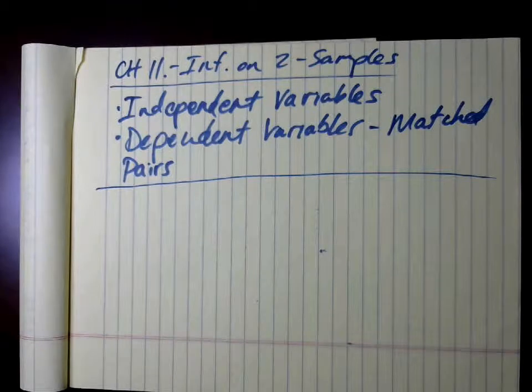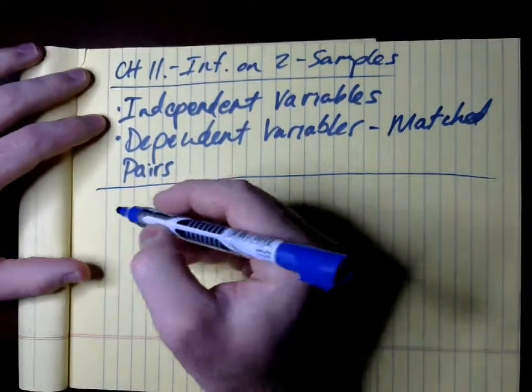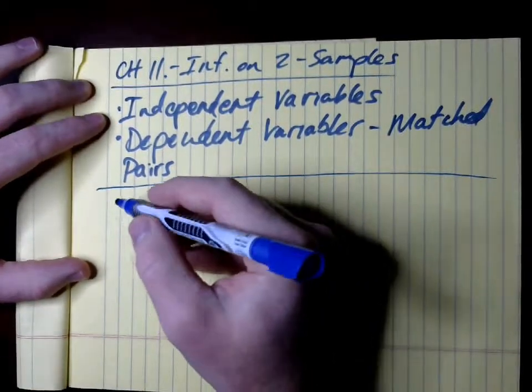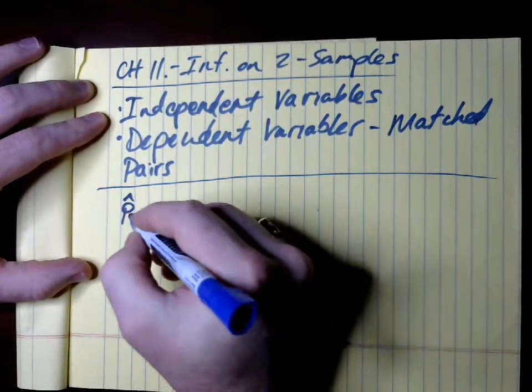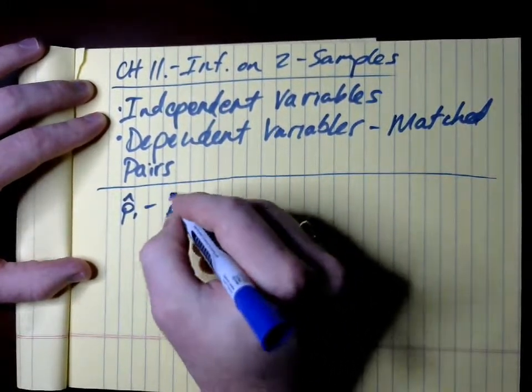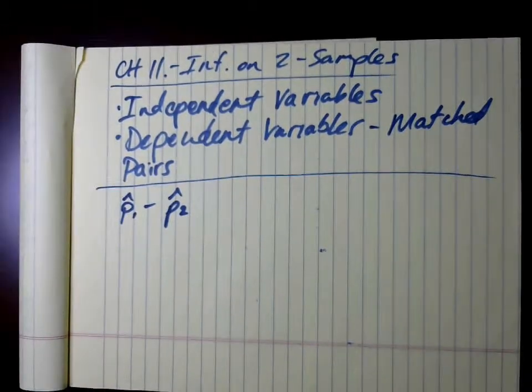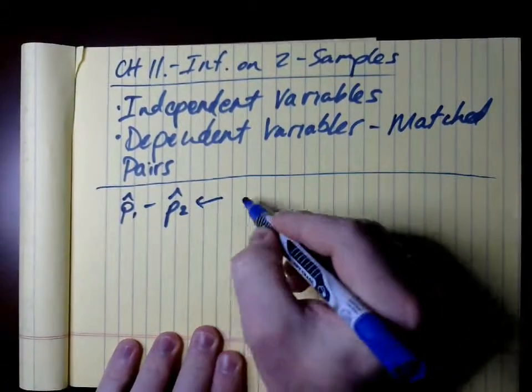If the differences are really close to zero, then the two variables are somewhat alike. And if they're really far away from each other, then they're not alike. So we have a new sampling distribution, and that's p hat 1 minus p hat 2. So we're going to be talking about the sampling distribution of this.